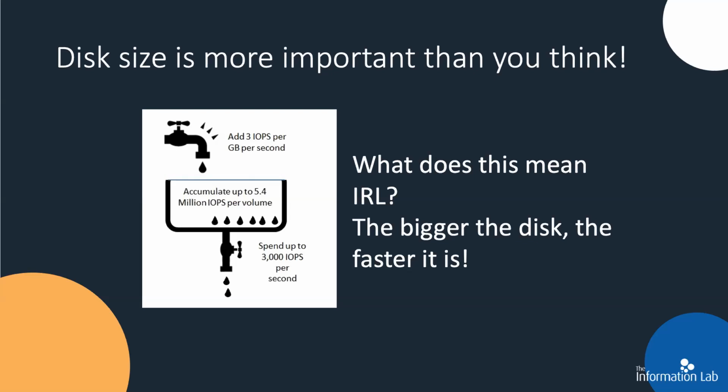And those SSDs accumulate credits, input-output credits, at a rate of 3 IOPS per gigabyte per second. And that accumulates and accumulates and accumulates. And then when your disk is under heavy load, those credits start draining out.